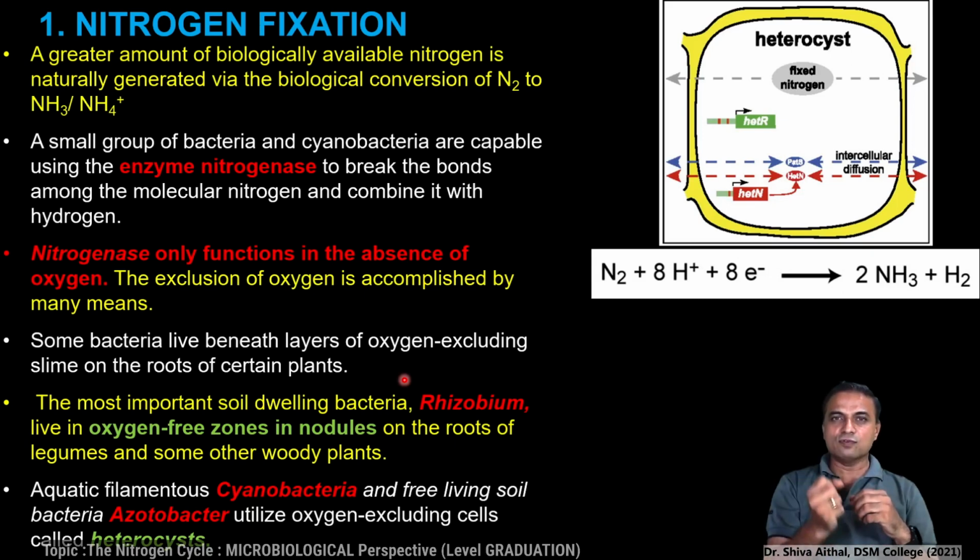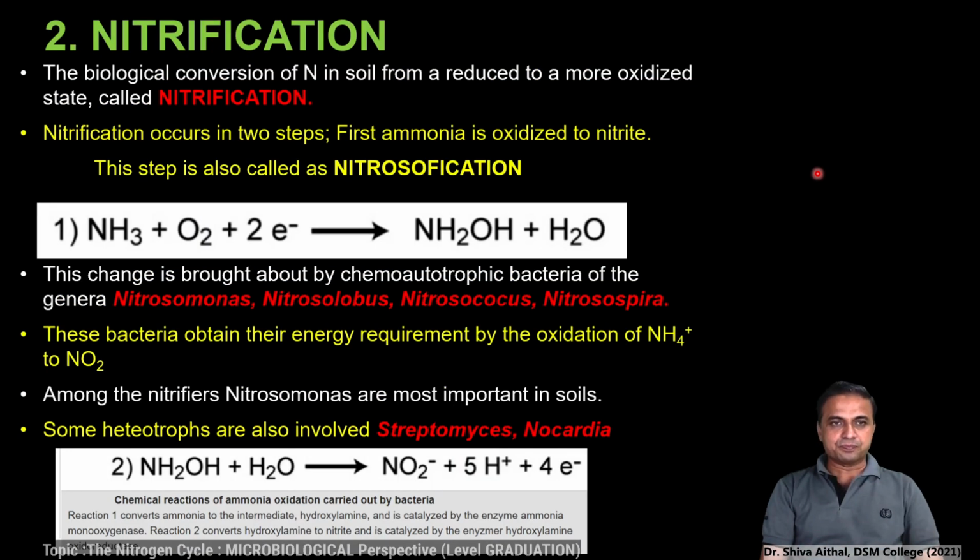So in one way or the other, these organisms protect themselves from atmospheric oxygen. It doesn't mean they are anaerobic; they have just evolved certain mechanisms by which oxygen doesn't really affect the nitrogenase enzyme.